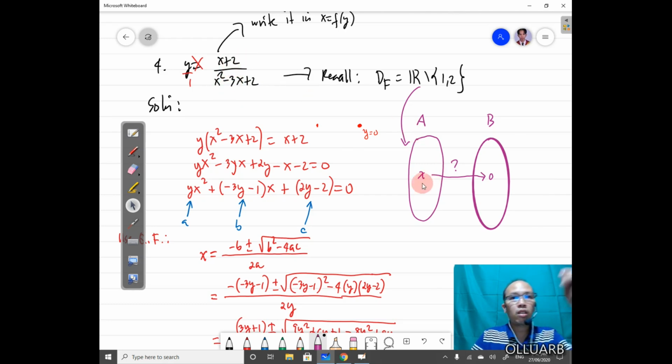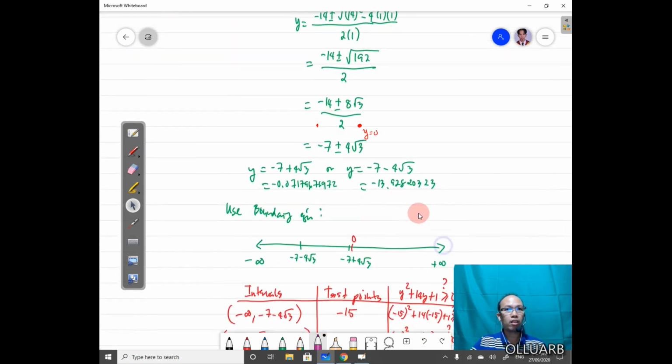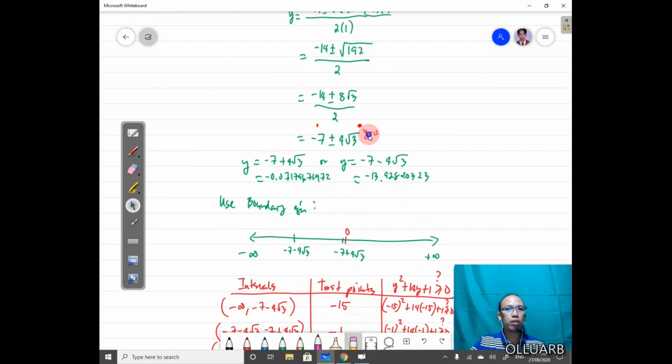So -2 is mapped to 0. From here, I'm pretty sure that y is equal to 0 is included in the range. There are cases like that. Please don't forget.